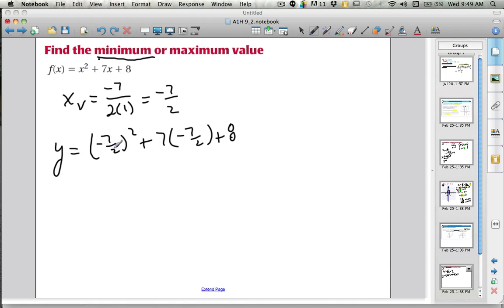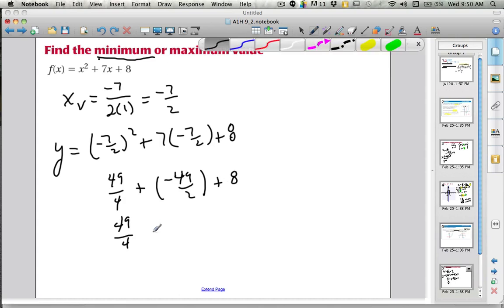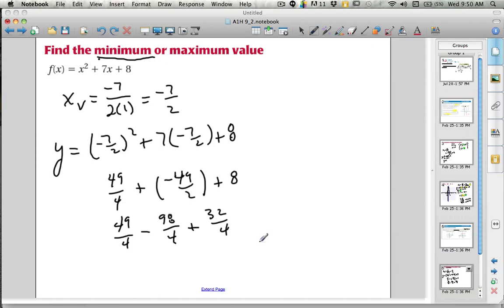Okay, so negative 7 halves squared is 49 fourths. Plus negative 49 halves plus 8. Now, I'm going to want to make everything be in fourths, right, in order to add these fractions. So 49 fourths plus, I'm sorry, it really isn't going to be plus, because plus a negative becomes minus, and that's going to be 98 fourths plus 32 fourths.